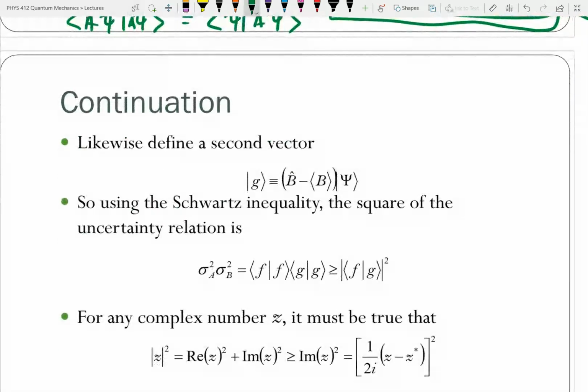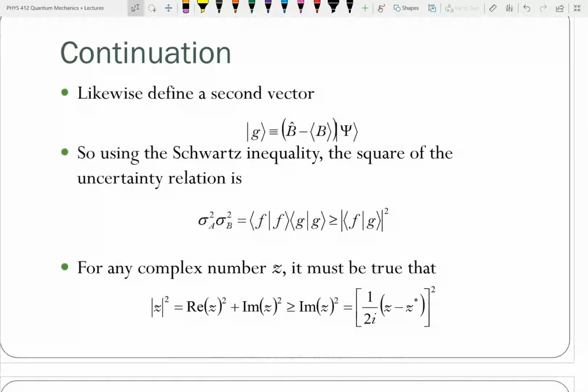Now we're going to likewise invent a B vector or G vector that's based on the B operator, and it'll have the same relationship. And then we use the Schwarz inequality. The Schwarz inequality is shown in our textbook. It's not derived in our textbook. You have footnote 5 on the page, footnote 5 on page 77? I got to look.